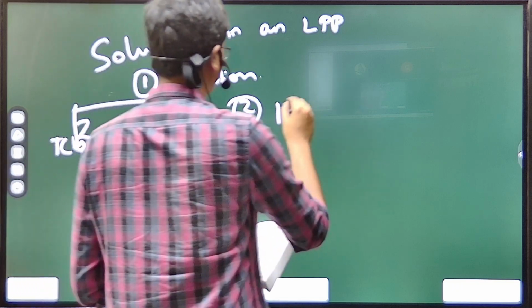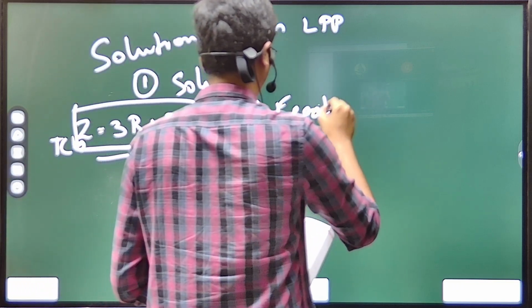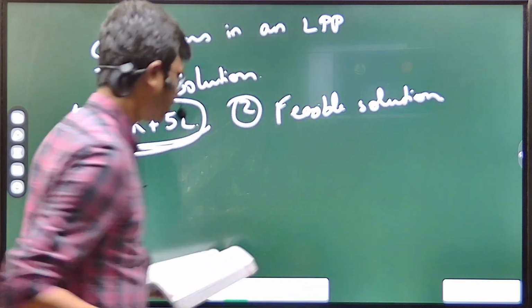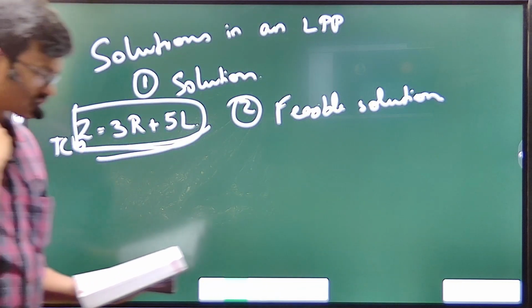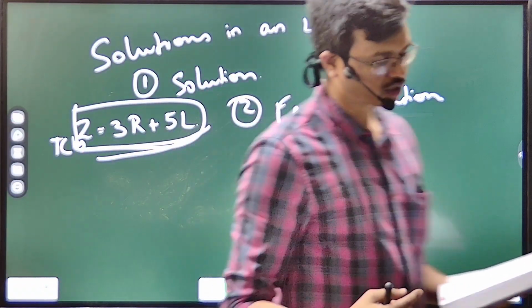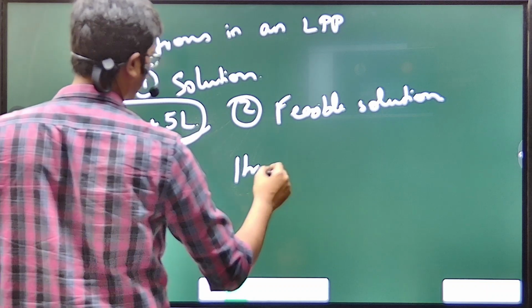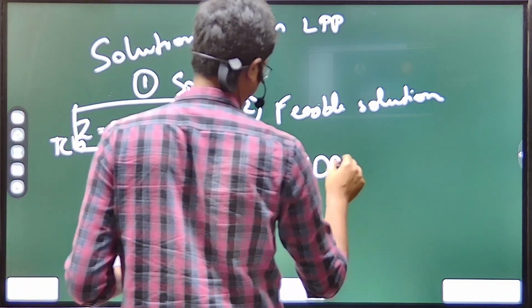Second is a feasible solution. Now what is a feasible solution? Suppose somebody says, if you work every hour, for 1 hour I will pay you 1,000 rupees.